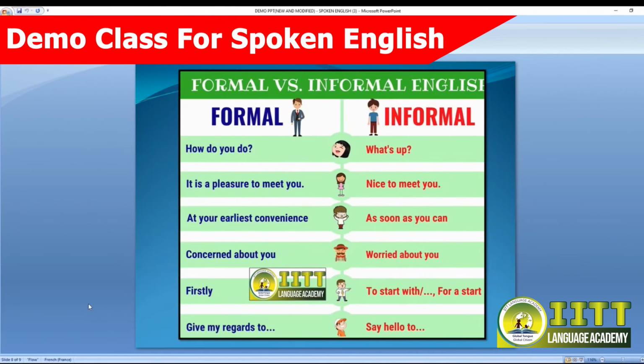The meaning of both the sentences is the same, but you will see the difference in approach. That is the difference between formal and informal English.